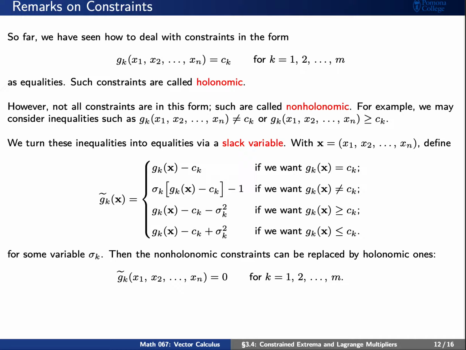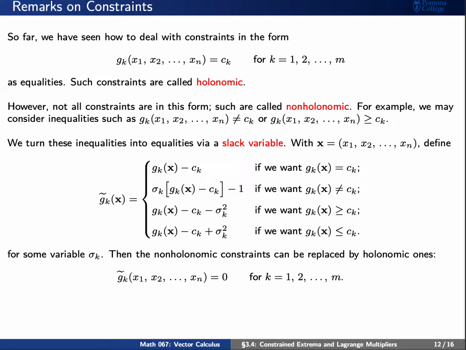So instead, let's take this condition, g sub k does not equal c sub k, and write it in the form g sub k minus c sub k times some other variable, minus 1, equals 0. So now we've introduced a new variable, sigma sub k, that we'll call a slack variable, and we turned our inequality into an equality.